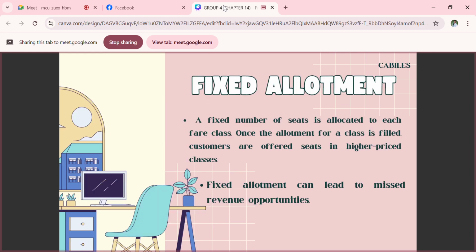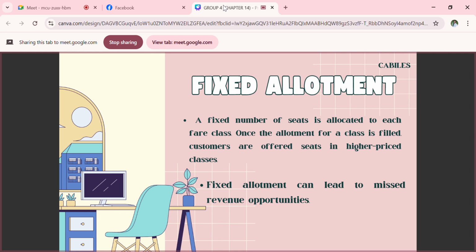Next slide, please. Now let's talk about fixed allotment. One of the first approaches to controlling booking was through fixed allotment. In the fixed allotment approach, available capacity is divided into discrete chunks and each fare class is allocated a fixed number of seats. Once the allotment for a class is filled, customers are offered seats in higher price classes.